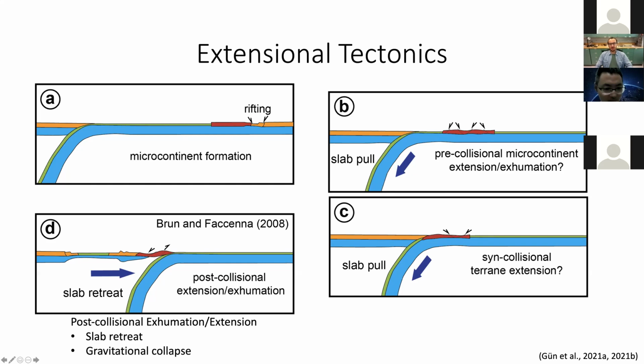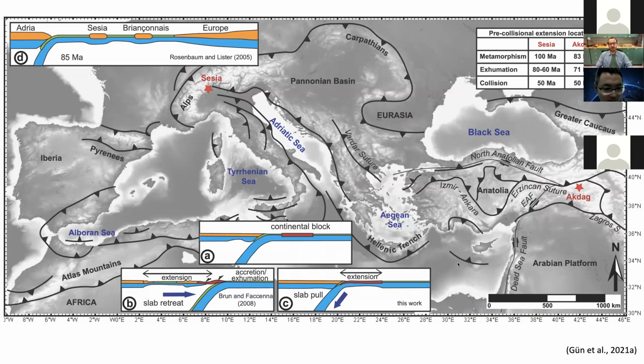So let's go back to geology again. Here you see a map of the Eastern Mediterranean region, again, from the Western Alps to Eastern Anatolia. As I said earlier, we know that post-collisional terrane extension is a very well-known thing, but geology says otherwise.